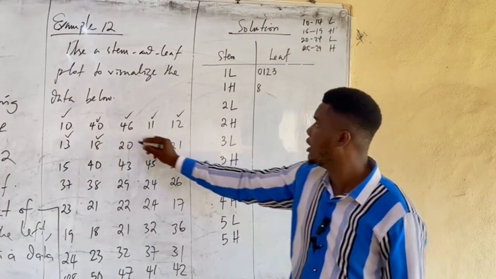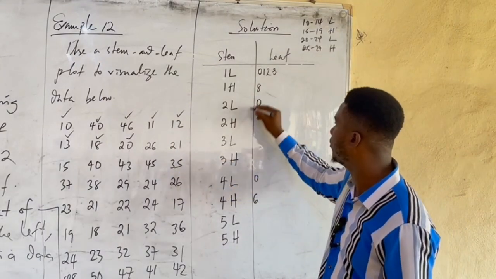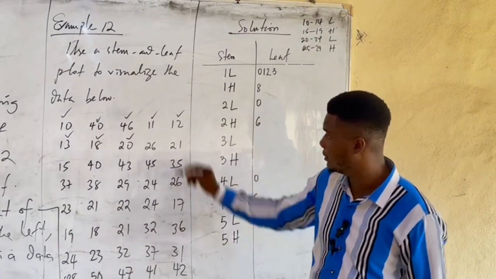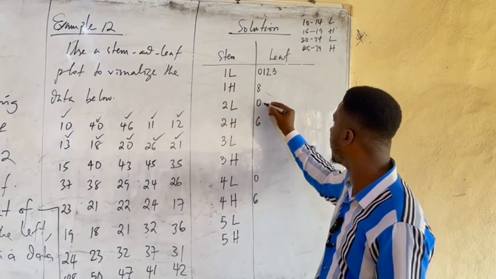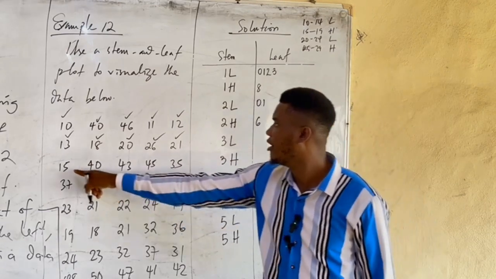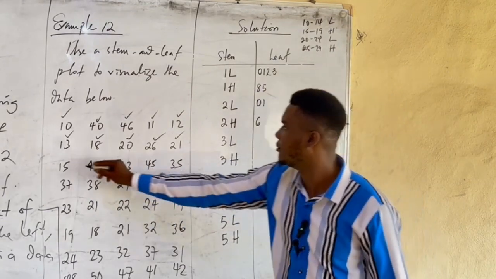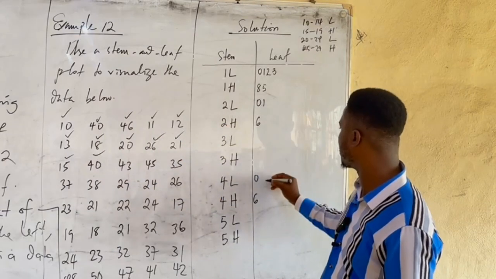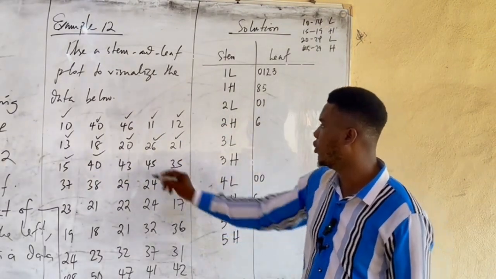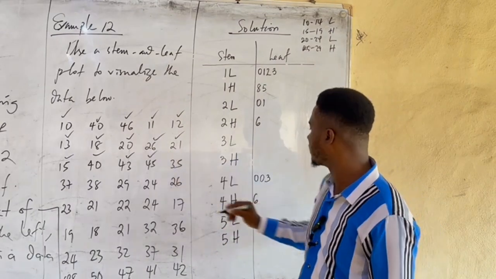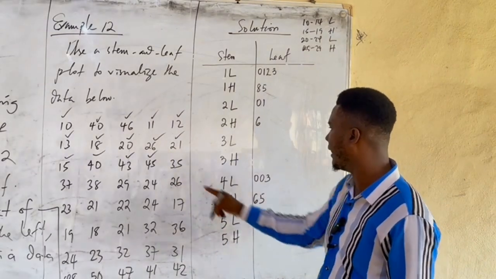You see it? 20 will be 2 low. 26 will be what? 2 high. 21 will be what? 2 low. 15 will be 1 high. 40 comes under what? 4 low. 43, 4 low. 45, 4 high.